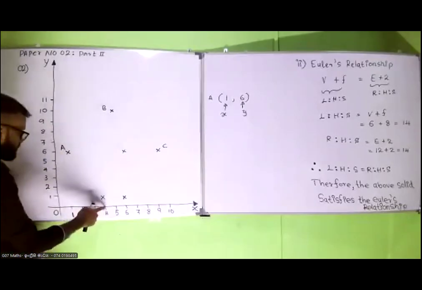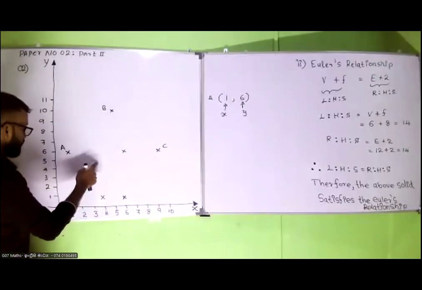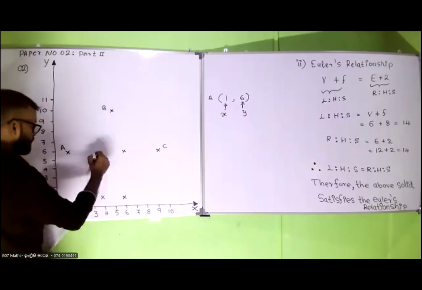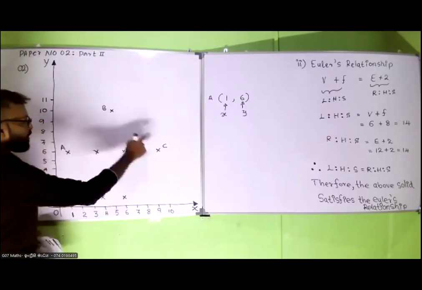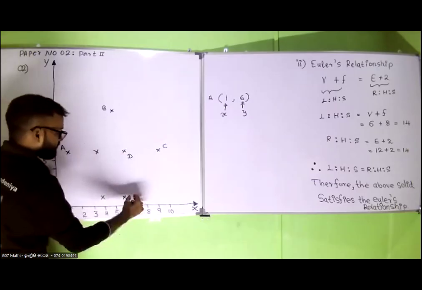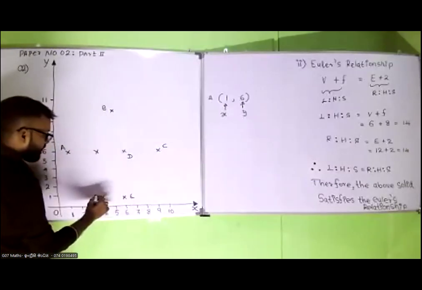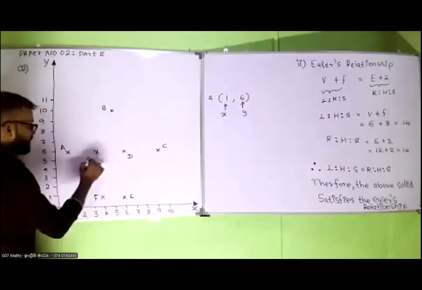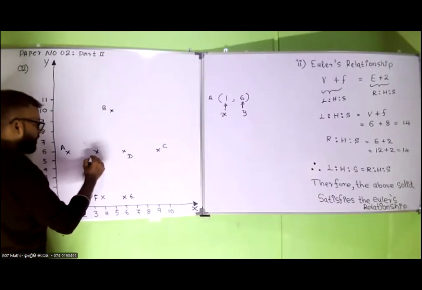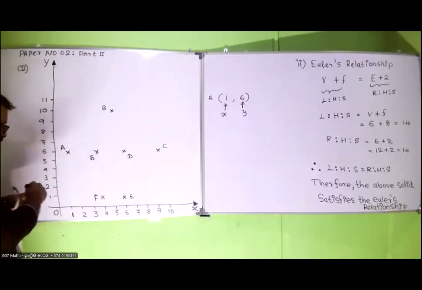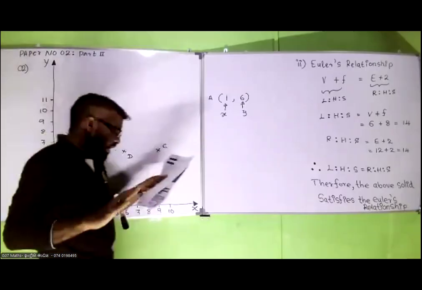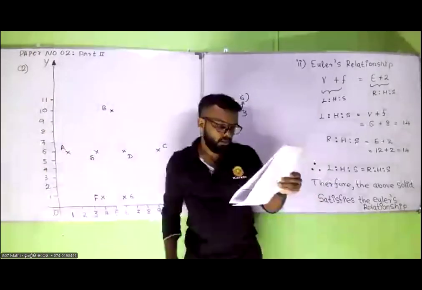Then (4, 6): 4 is here, 6 is here. So A, B, C, this is my D, this is my E, this is my F, and this is my G. Super. So I have marked all the points on the Cartesian plane.